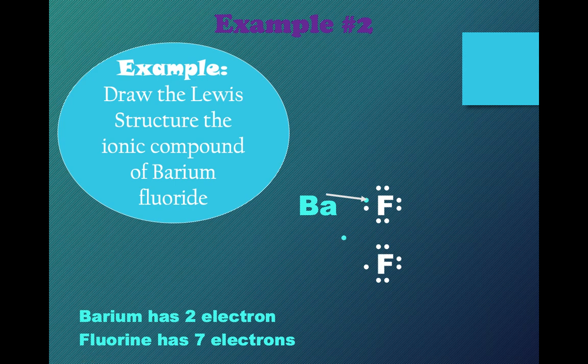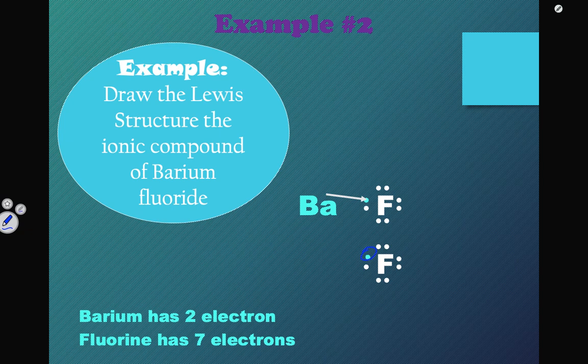So we have barium fluoride. So barium has 2 dots. You can't quite see it, but there was a dot right here, a dot right here, and a dot right there. And fluorine has 7.